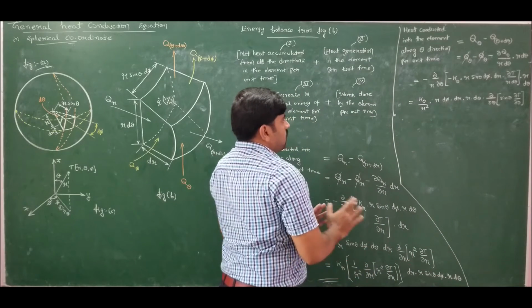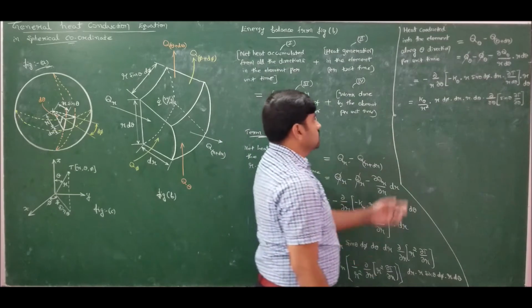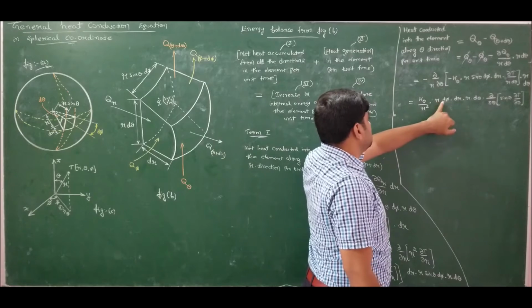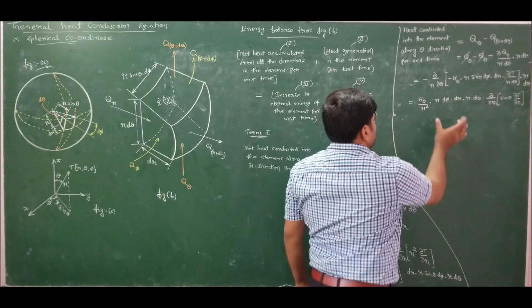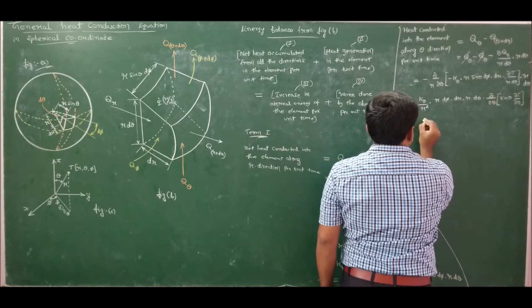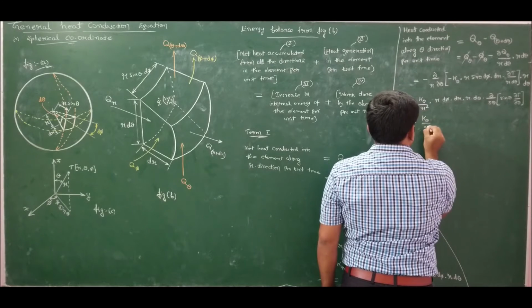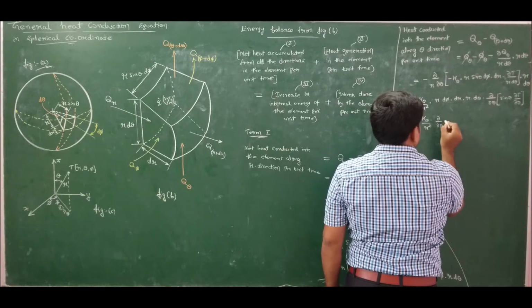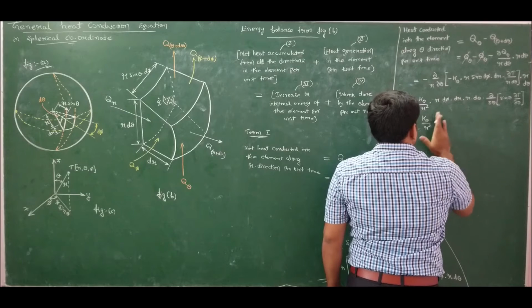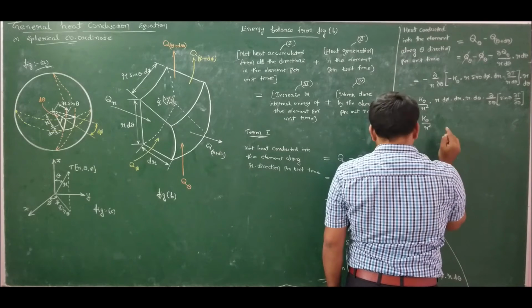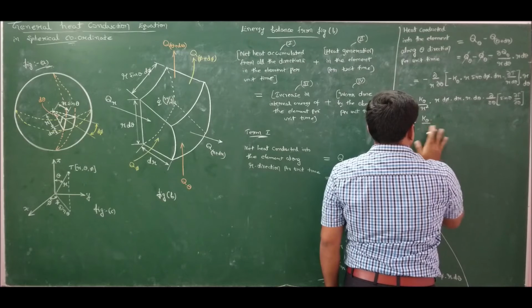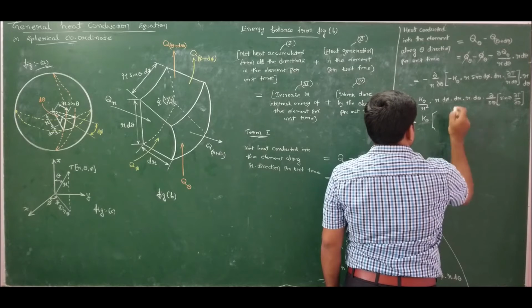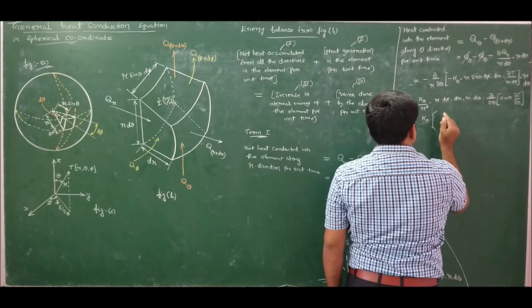Now throughout I want to take volume common. What is missing here is sin theta. So r sin theta d phi is what I want. So if I take volume common throughout, I can write it as k theta by r square, dou by dou theta. What is missing? Sin theta is missing. So therefore multiply and divide by sin theta.